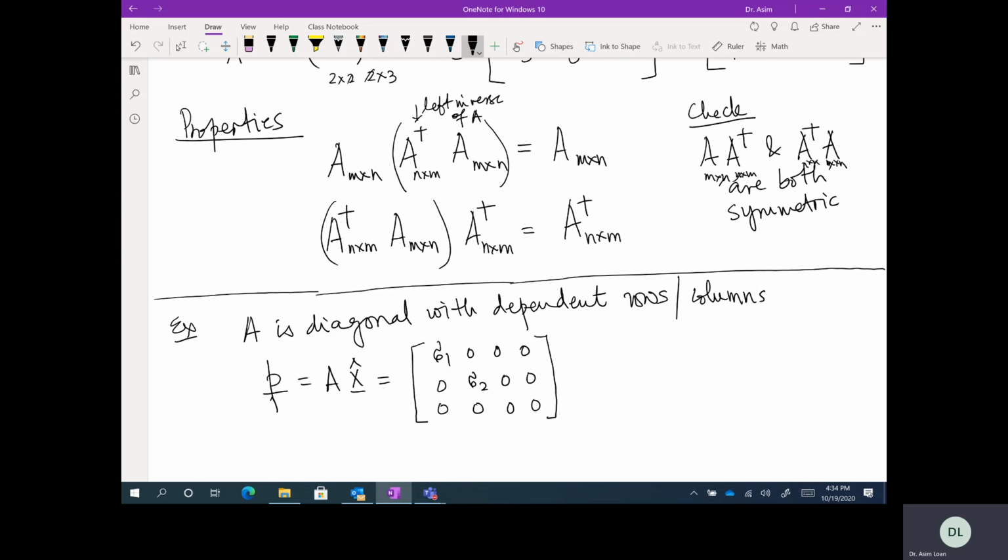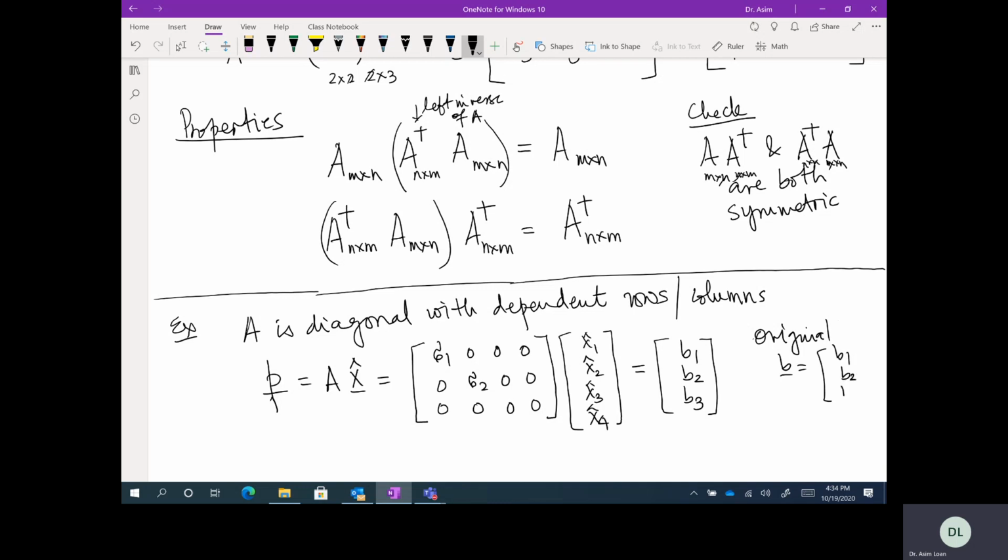Okay. And obviously we have 1, 2, 3, 4, so 4 unknowns: x1 hat, x2 hat, x3 hat, and x4 hat. And this is, let's say, equal to some b1, b2, b3. So the original b was equal to b1, b2, b3.